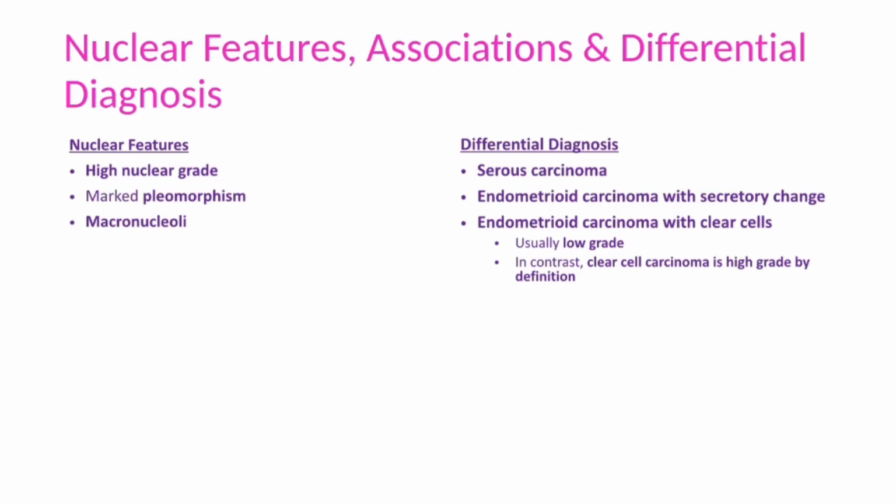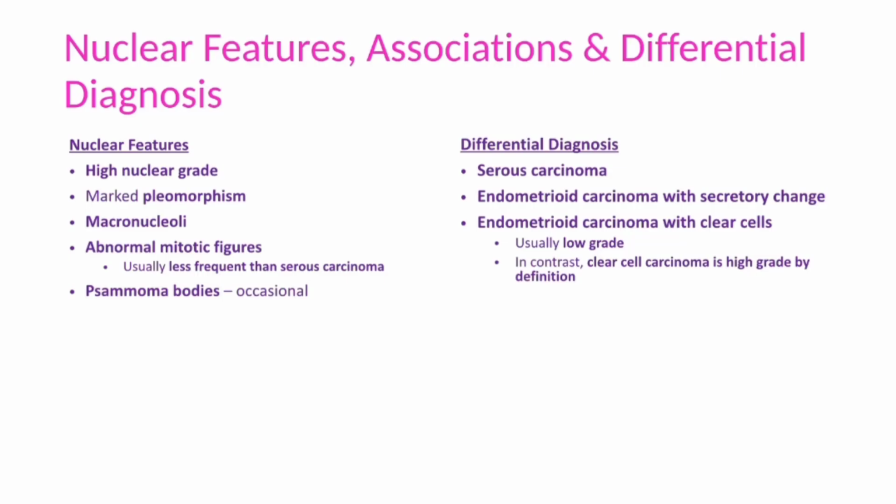So what do high grade nuclear features include? Marked pleomorphism, macronucleoli, abnormal mitotic figures, but these are less frequent than in serous carcinoma. Psammoma bodies are occasionally present.